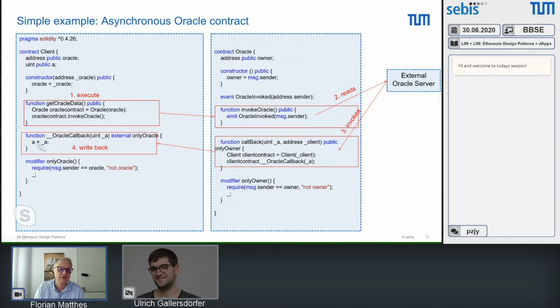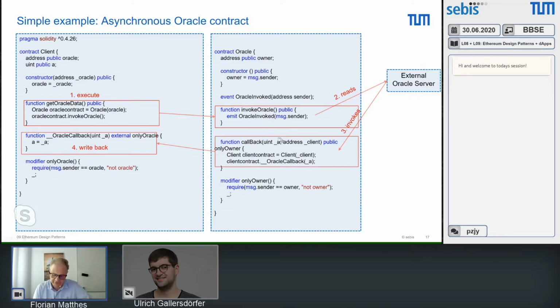The idea to cheat here is that the callback itself executes code, allocates data structures, and does things which cost gas, but it costs the gas of the oracle.